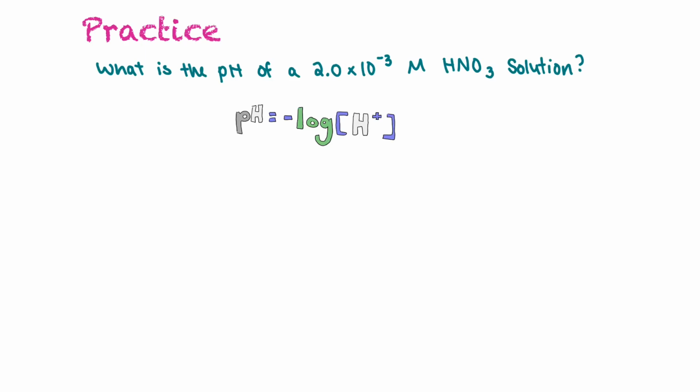So we can just plug those values in. So pH is equal to negative log of 0.002 moles per liter. So that is equivalent to 2.7. So that's our pH for this one.